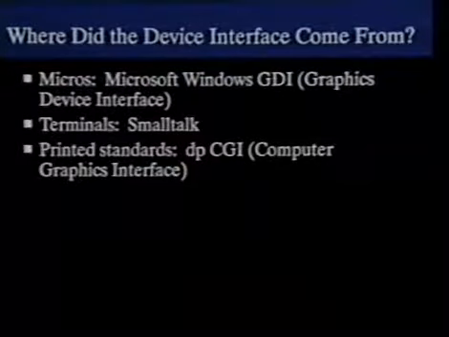The device interface has a slightly different history. From the world of microcomputers, we get a lot of support and a lot of commonality with the Microsoft Windows GDI, Graphics Device Interface. From the world of terminals and workstations, there's some heritage related to the Smalltalk language and the way it performs some operations.